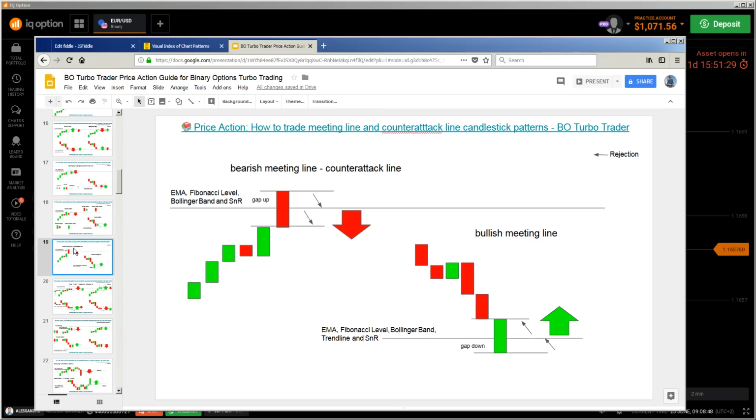I will show you some live trading based on them when they appear. They are not so frequent, but when they appear, I will show you so that you'll see how I trade them. It's like all other candlestick patterns which I have explained: I trade them if they appear.